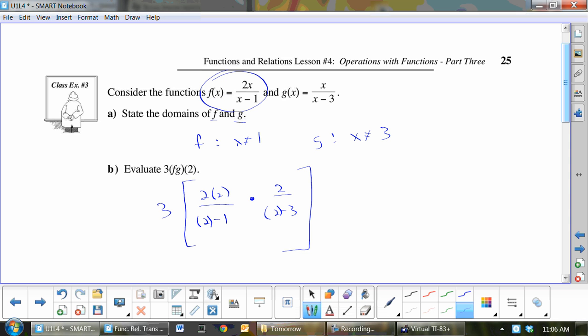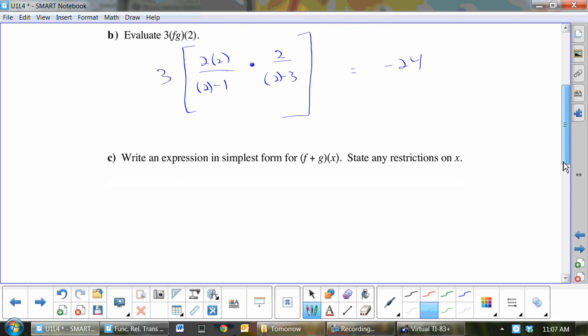Okay, does everyone get that's what that means? And when we do that, we should get the answer. See if anyone can get it. What is it? Negative 24. Good. Again, make sure you're putting the entire bottom in brackets because there's more than one thing down there. And then make sure you're multiplying it all by 3 when you're done.